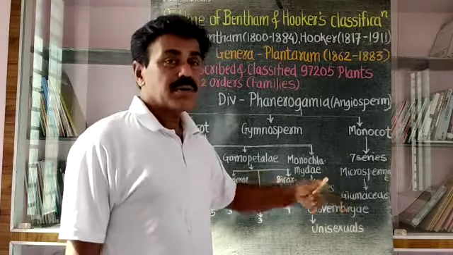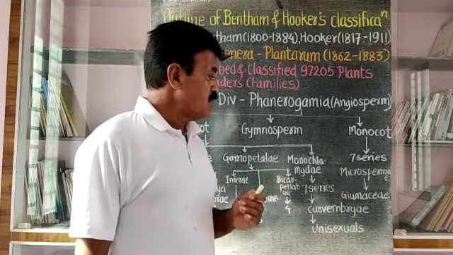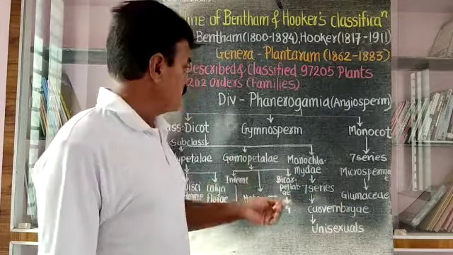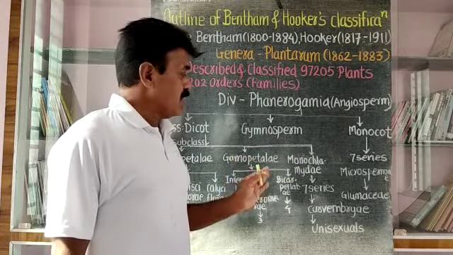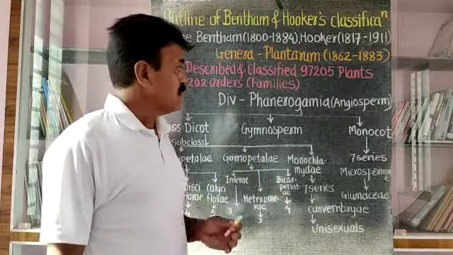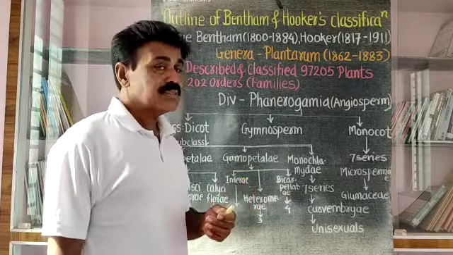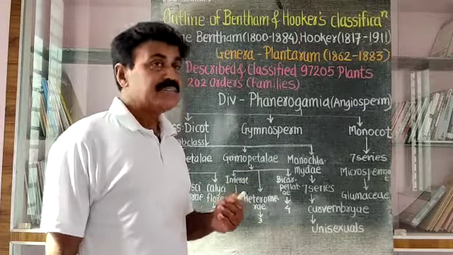Here also a number of characters are used by Bentham and Hooker. Most important is that in the complete outline of classification, all the characters are external, visible, morphological characters, and according to that system, one can identify the plant easily.